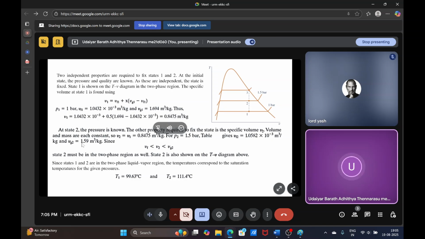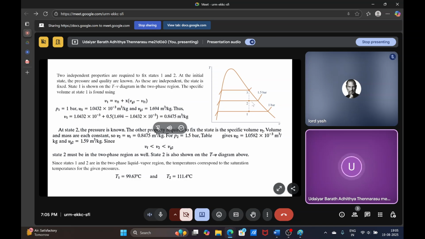The saturated vapor volume is 1.59 meter cube per kg, which is greater than the specific volume V1, so it's still in the two-phase region. If the specific volume had been greater than 1.59, it would have entered the superheated region. Since this is lower, state 2 lies between saturated liquid and saturated vapor.